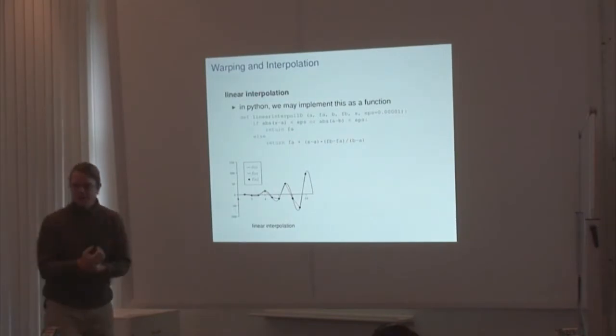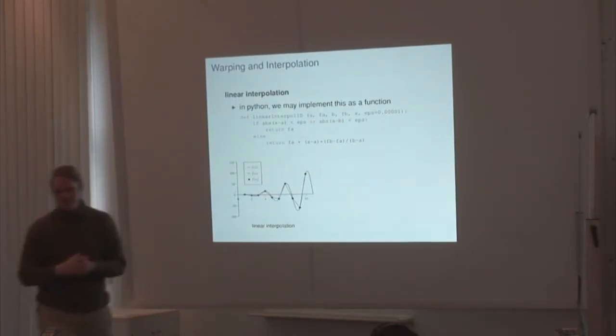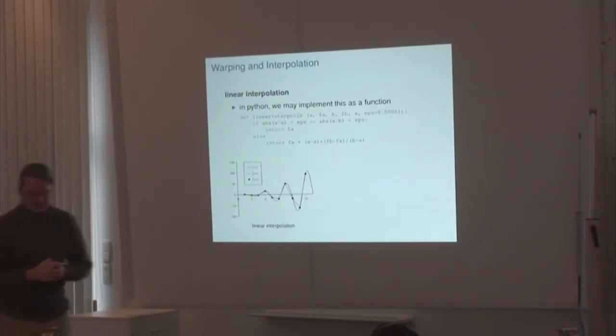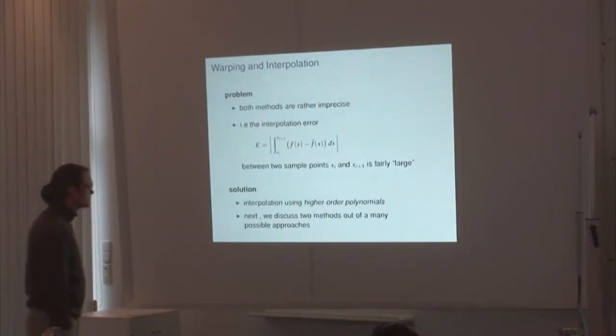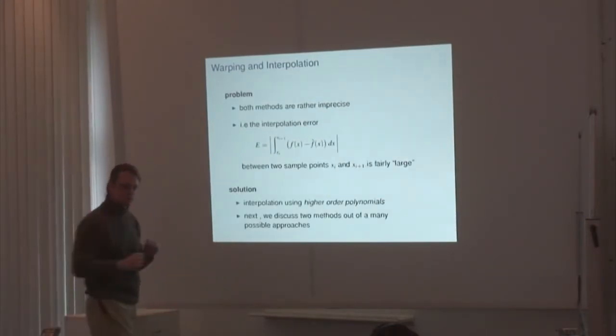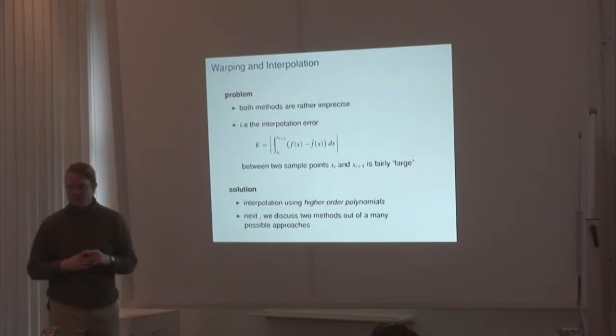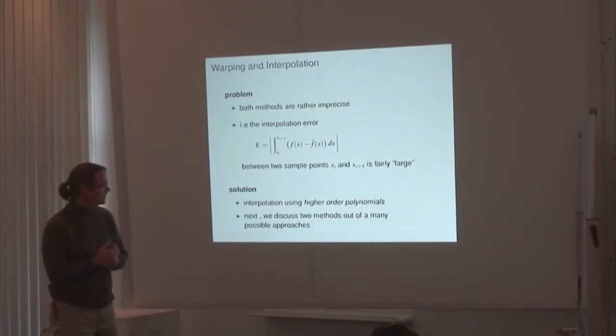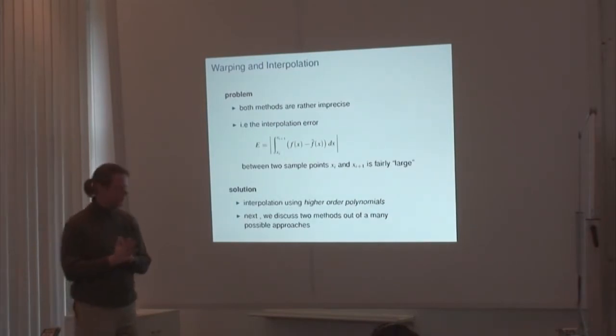A line is, of course, a polynomial of rather low order. Order 1. What if we were to use higher order polynomials? So instead of constant values, as in the case of nearest neighbor interpolation, or first order polynomials, as in the case of linear interpolation, we will now consider the idea of using higher order polynomials.